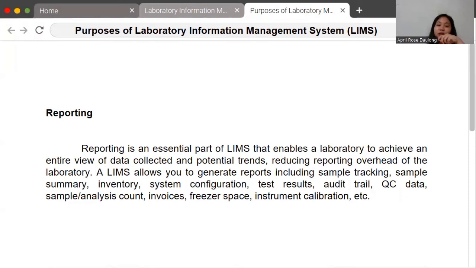So unlike aning LIMS, mas efficient, mas accurate, mas dali na siya makahatag og summary or reports sa mga users na ilang kinahanglan.